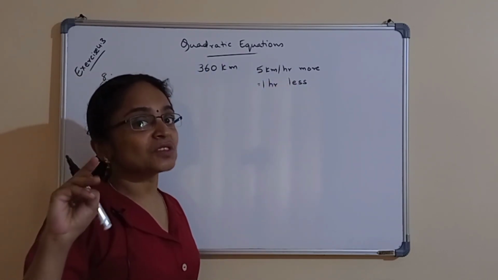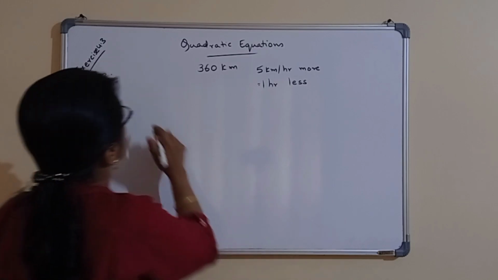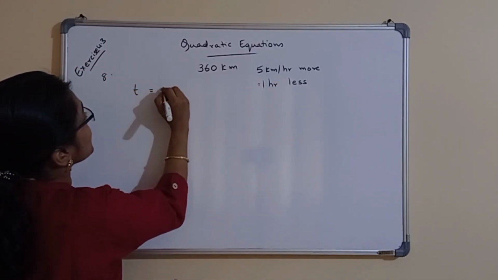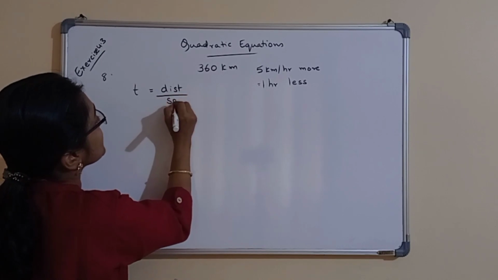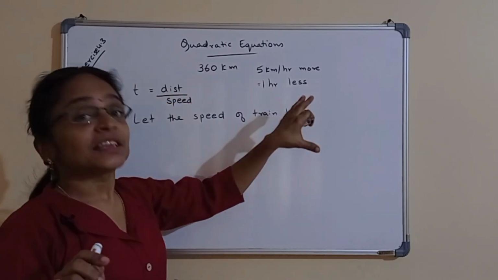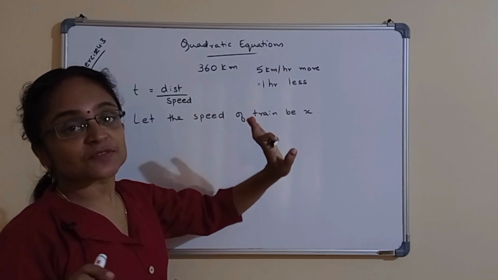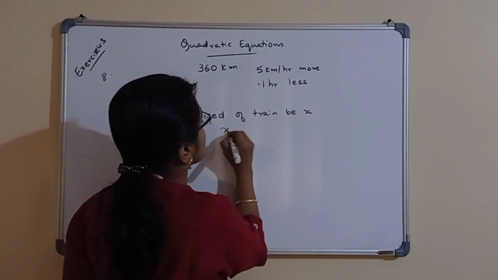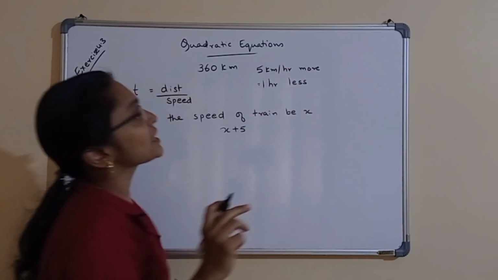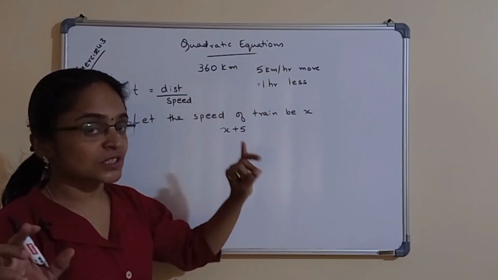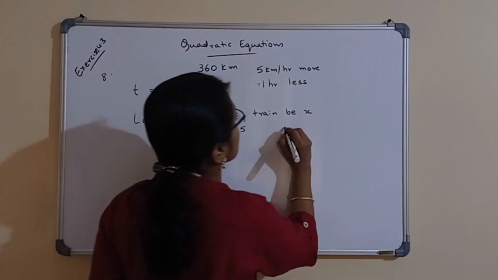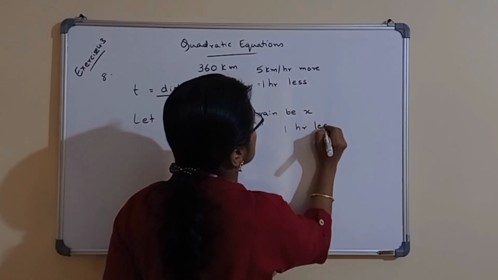So it is in terms of time. Okay. So time, we know that time is equal to distance by speed, right? And given that if the speed is x plus 5, that is, traveling at 5 kilometers per hour more speed, then it would take 1 hour less.